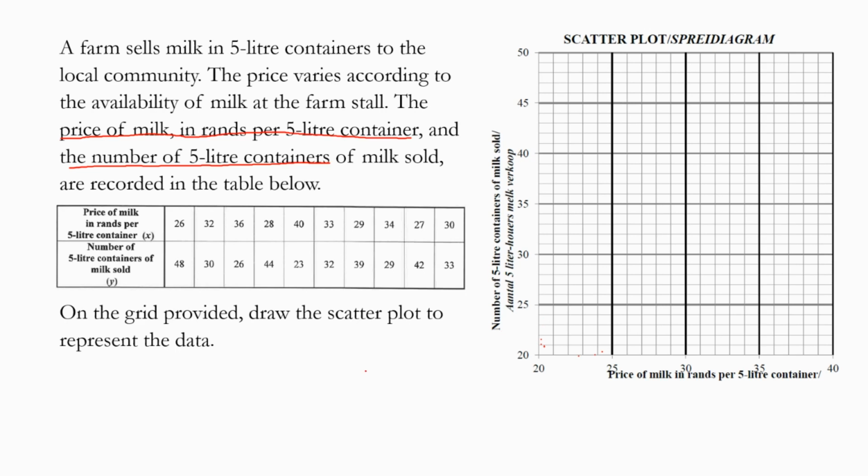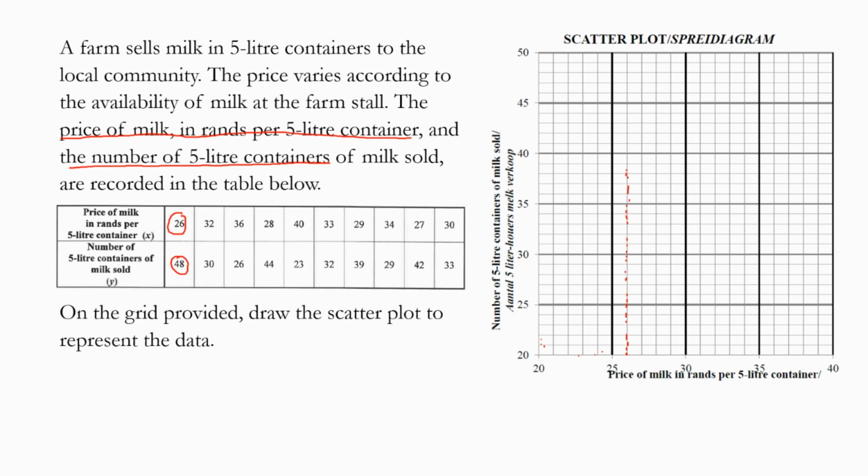Okay, right. Let's start with our first point. So the price is 26. The number of containers 48. So we come to the price here, which is 26. I'll just do this for this one point, and then the rest we just plot them.